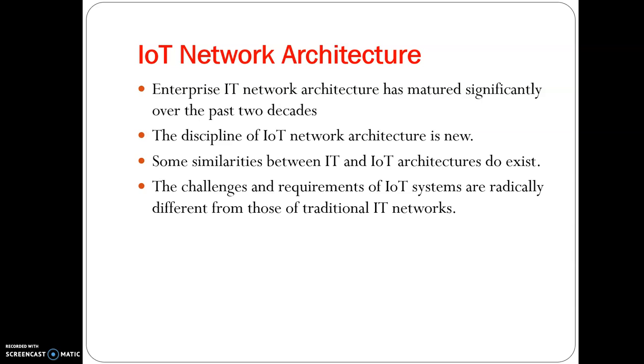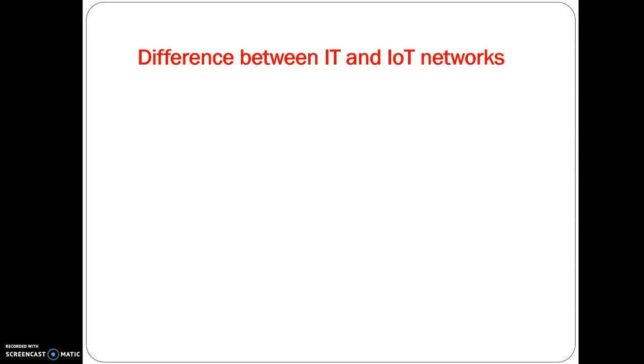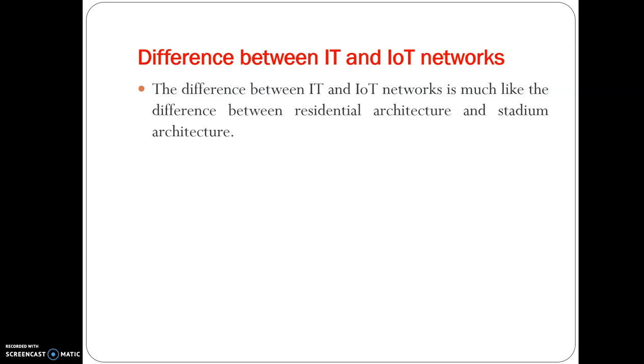We should not get confused between these two requirements and these two architectures, the IT architecture as well as the IoT architecture. IT networks are primarily concerned with the infrastructure that transfers the flow of data regardless of the data type. So the difference between IT and IoT networks is much like the difference between residential architecture and stadium architecture.